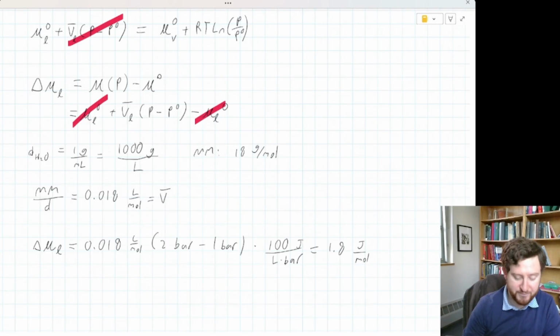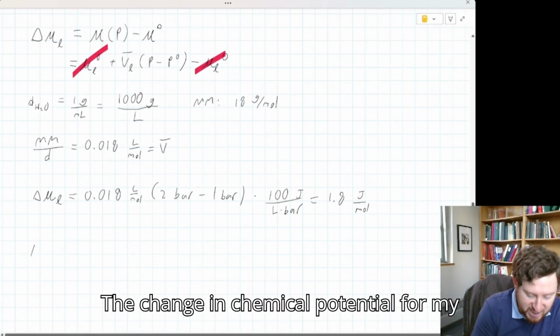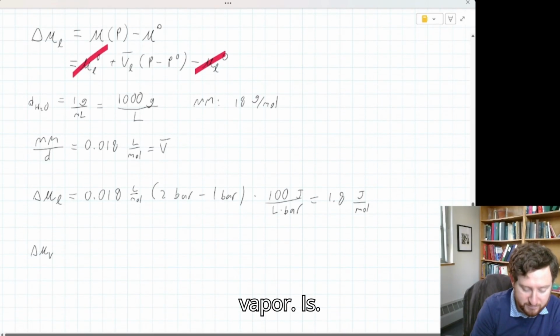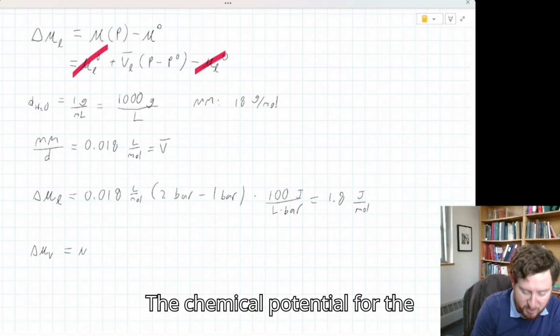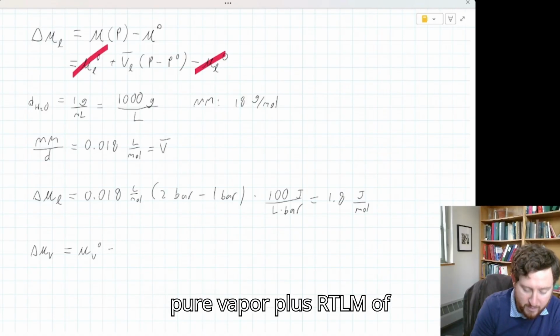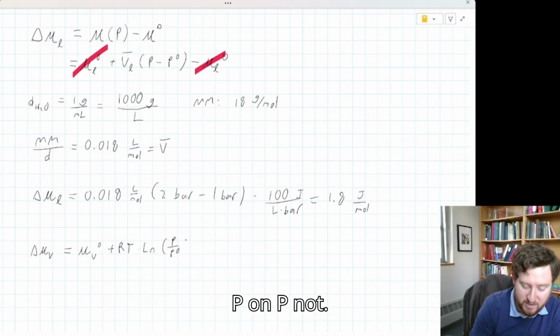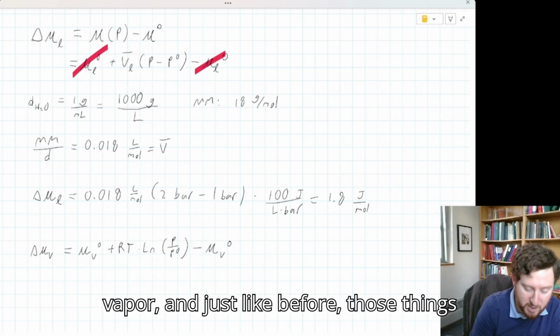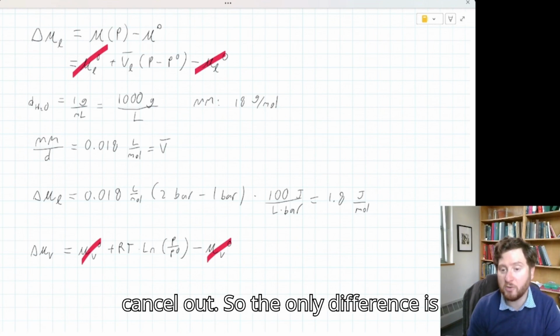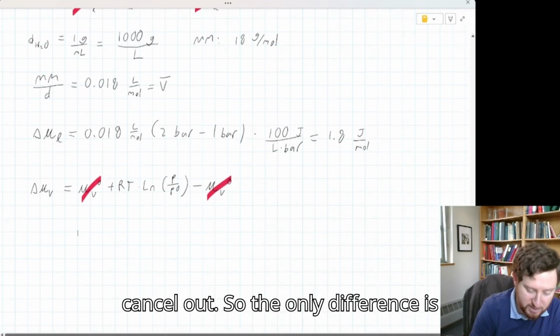The change in chemical potential for my vapor is the chemical potential for the pure vapor plus RT ln of P on P naught minus the chemical potential of the vapor. And just like before, those things cancel out. So the only difference is associated with this RT term.